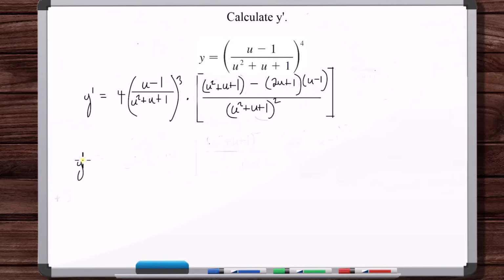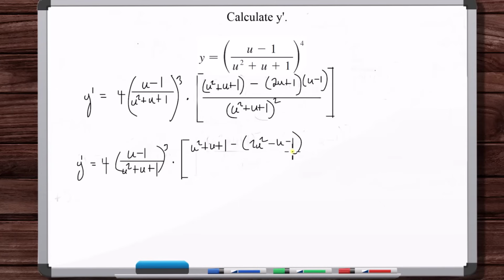So we've got u squared plus u plus 1 minus 2u squared minus 2u plus u is minus u minus 1.